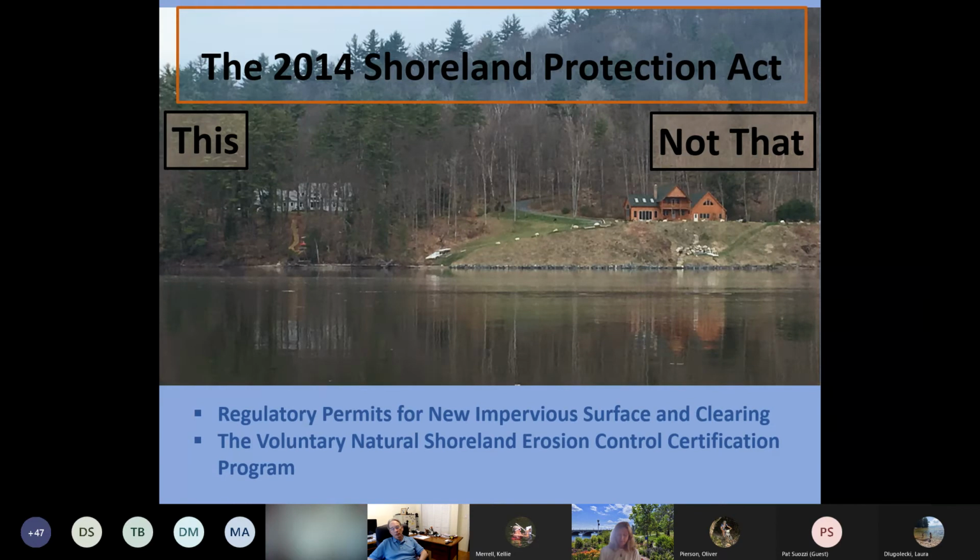The Natural Shoreline Erosion Control Certification trainings bring both the shoreline owner and local contractors, from landscapers to site workers, to the same page for understanding the principles and practices of lake-friendly development.